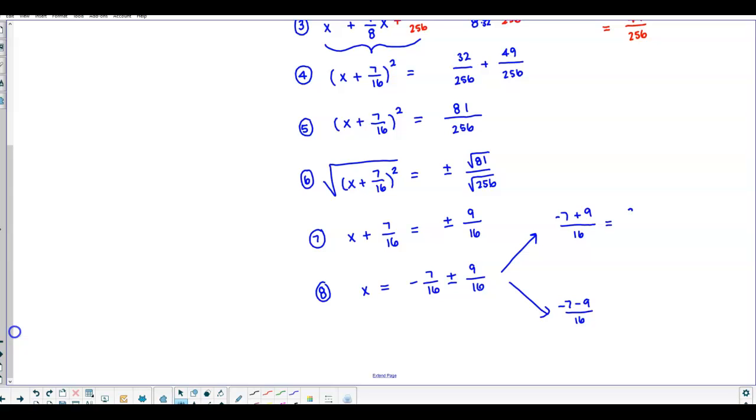So here we end up with 2 over 16, which reduces to 1/8. Over here we get negative 16 divided by positive 16, which gives you negative 1. So therefore we have two solutions, 1/8 and negative 1.